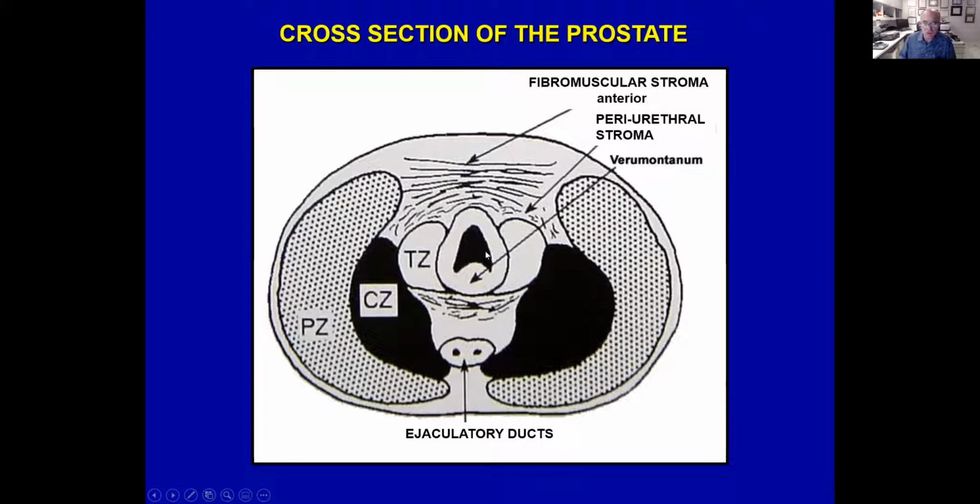In the center, the urethra with the verumontanum, and here in the posterior aspect of the prostate, the ejaculatory ducts that come from superior to lower levels. Almost at the middle of the prostate, they are going to angulate and connect with the urethra, opening through this verumontanum.